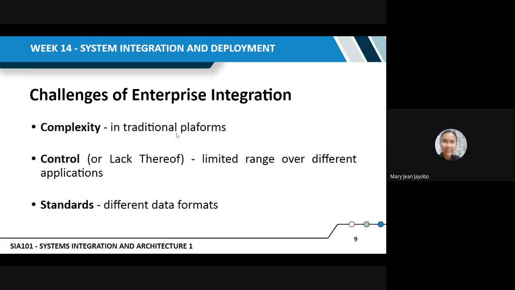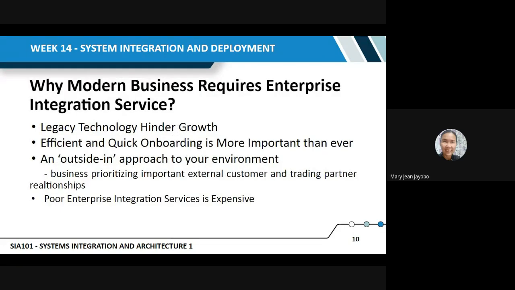Okay? So the next one is why modern business requires enterprise integration service. Business transformation is actually ramping up, no? So fast. Talagang mabilisan na ngayon yung pag-transform ng business. So enterprises must embrace digital trends and choose the right enterprise integration platform to improve business outcomes.